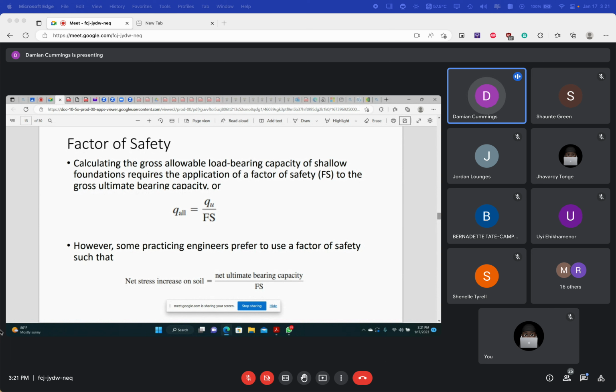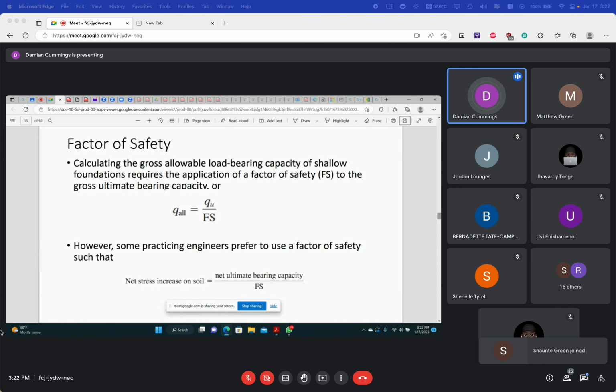So we know how to calculate our net ultimate bearing capacity, right? You calculated that just now. The net stress increase in the soil is based on the imposed load. Remember, we already have stress in the soil based on the overburden pressure of the soil itself, which would have been calculated in soils class and a little geotechnical.